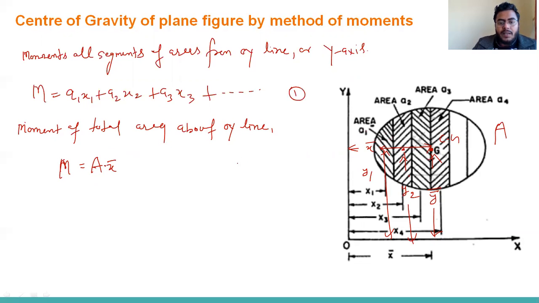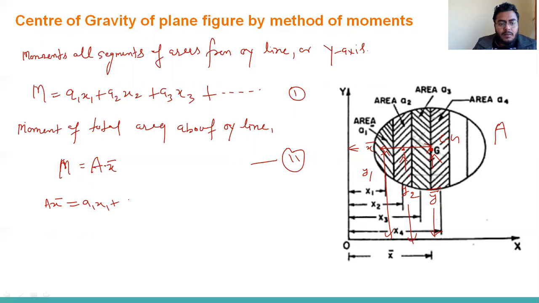See, this is equation 1 and this is equation 2. Both are the same thing. We are calculating the moment about the y-axis of the same area. So we can equate these two moments.